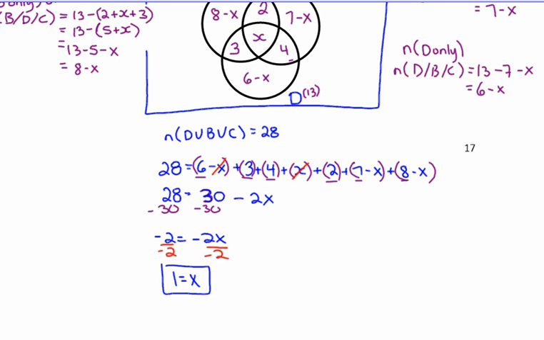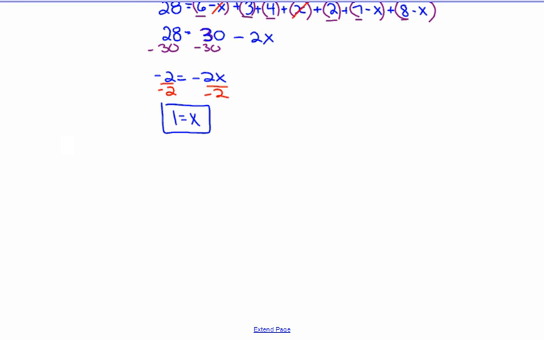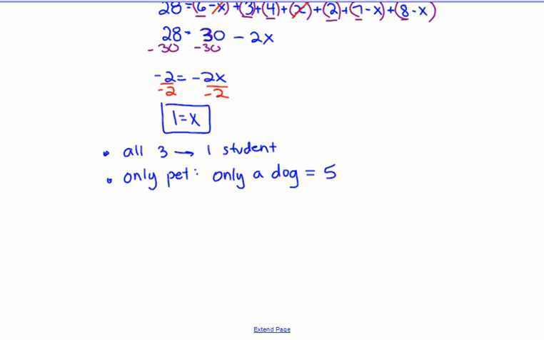So, just going down to the bottom here. How many had all 3? 1 student. That was the first question. The second question was how many had only one pet? Okay, so how many had only a dog? If x equals 1, 5, because it was 6 minus x.